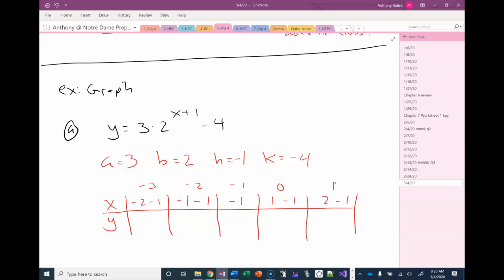Okay. If I use the formula for my table, I'm going to have 3 times 2 to the -2 plus -4. I'm just going to write it as -4, because plus a negative and subtraction are the same thing. So again, I have a times b to the -1 plus k, a times b to the zero plus k, a times b to the first plus k, and then a times b to the second plus k.